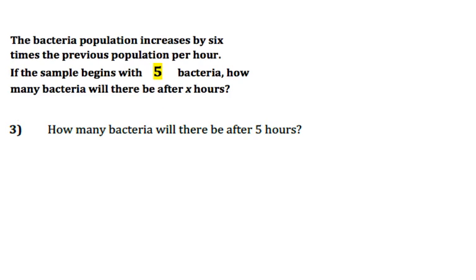Number 3. How many bacteria will there be after 5 hours? To solve this, we're going to refer back to the equation we've written for this situation, which is y equals 5 times 6 to the xth power. We substitute in 5 for x, because it's after 5 hours.